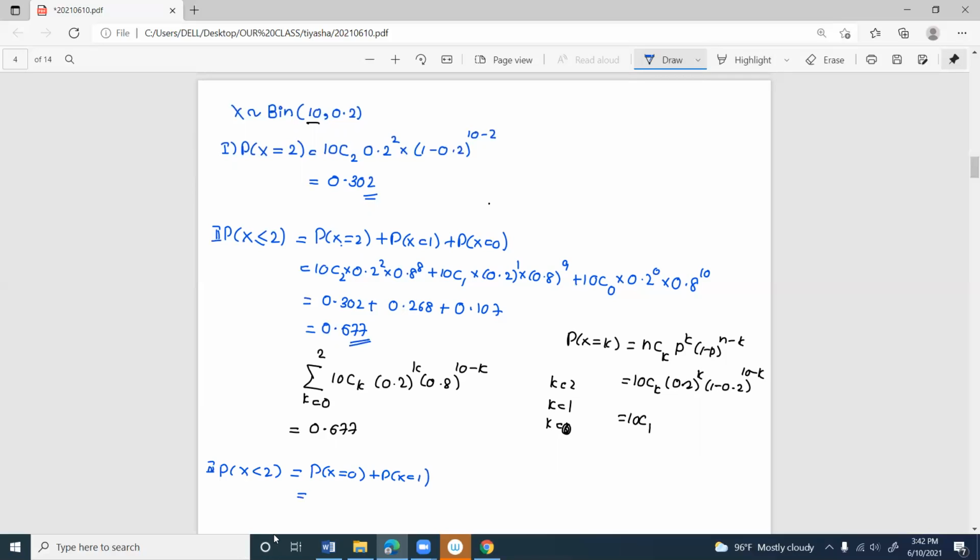That means over here we already knew these two figures: 0.107 plus 0.268. If you put them together, the answer is 0.375.